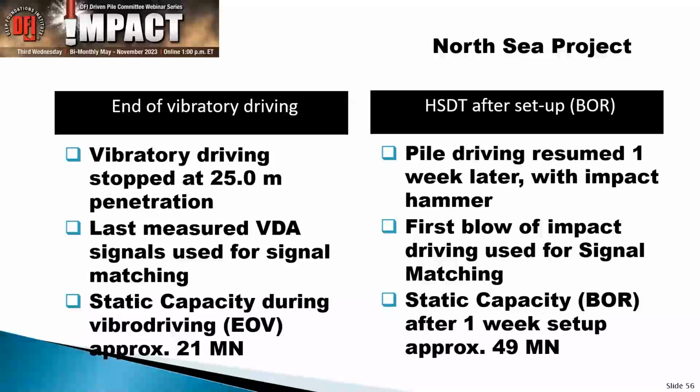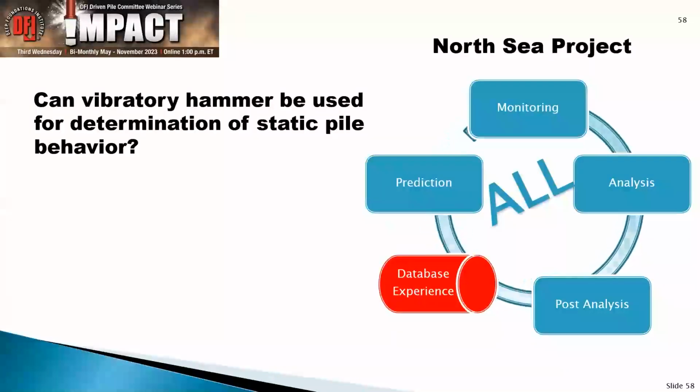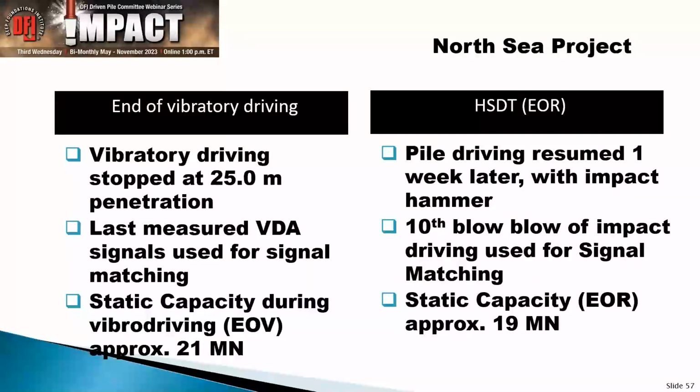You can apply the same approach, just like with impact driving, on your analysis of your data. And you can even come up with capacity figures that are fairly accurate, especially in granular soils. And we're working hard to achieve the same on cohesive soils and in clays, etc.